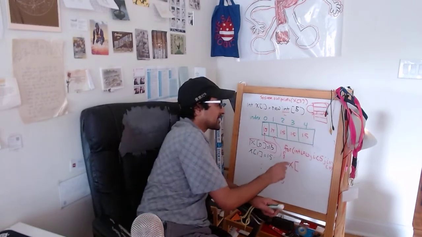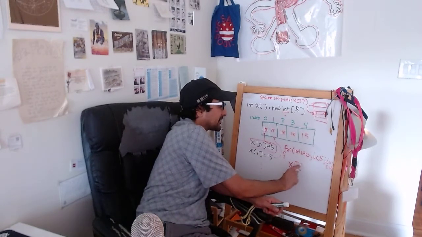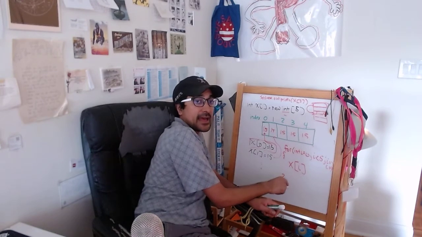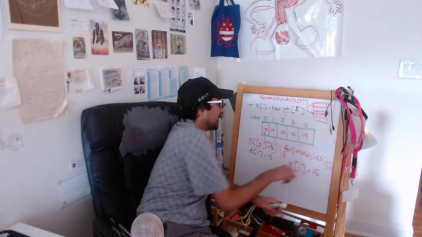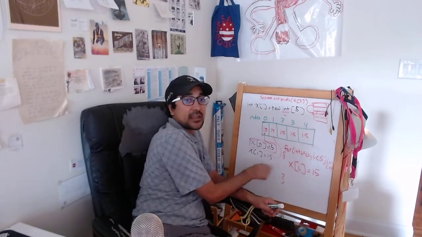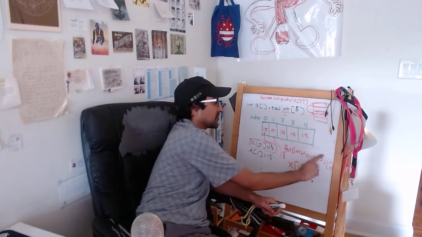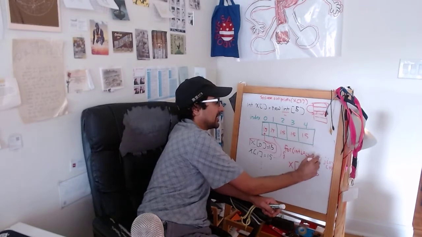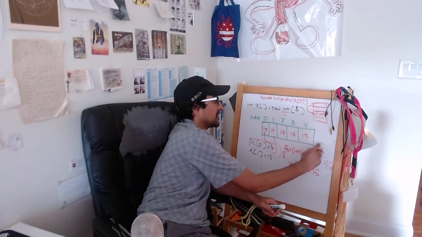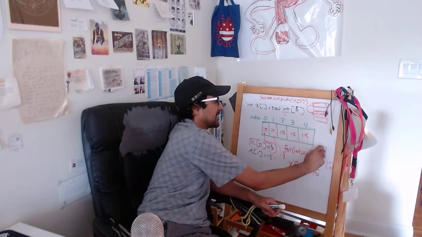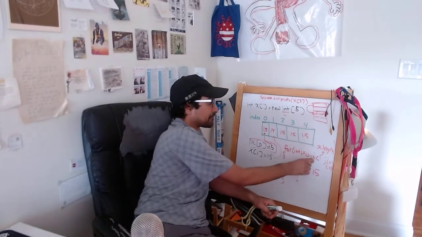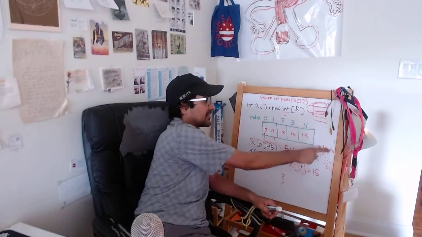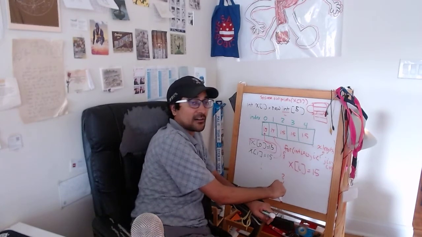All right, let's get back to this. So this can be our index value, and we can set that equal to 15. Notice that even if it was 100, all we do is change this. This is why you see x.length, a variable that says the length of x.